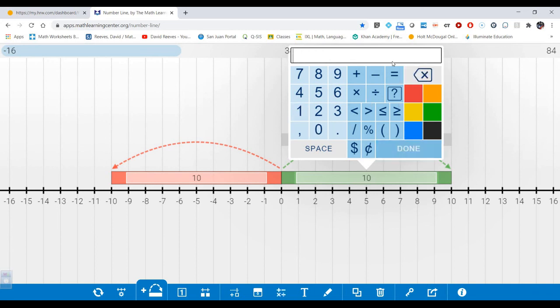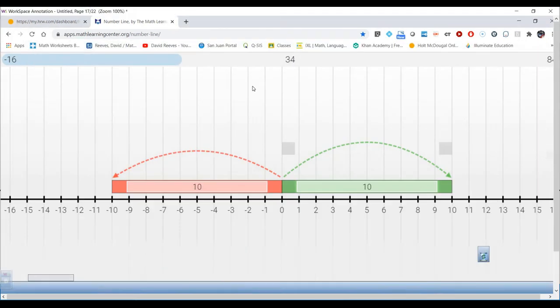In other words, I'm saying, what can you take the absolute value of and get an answer of 10, right? So I could go 10 to the right, or I could go 10 to the left.